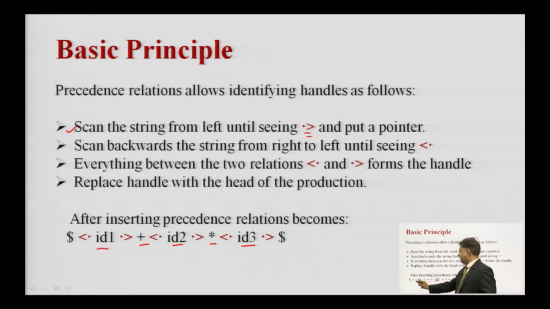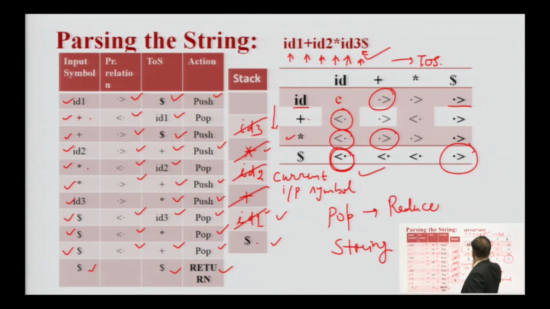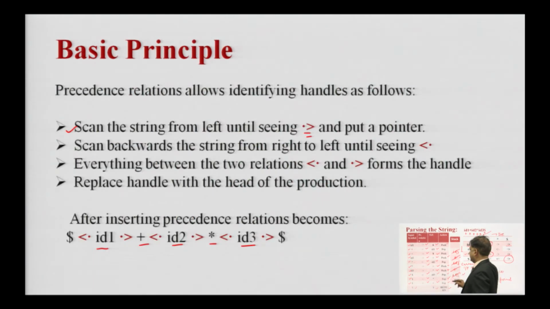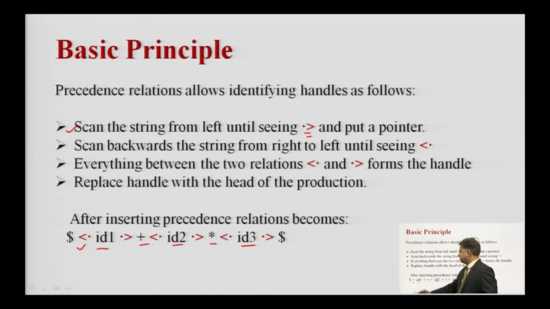I start with dollar and ID 1. What is the relation between dollar and ID 1? Dollar and ID 1 is less precedence, right. If it is a less precedence, insert the less precedence. Next is ID and plus.